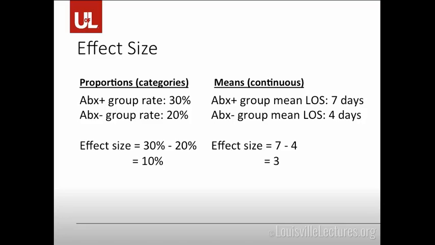And likewise, if your group that got antibiotics, their length of stay was 7 days, the group without, their length of stay was 4 days, your effect size would be 3 days. So you're really just looking at the difference of what you expect your two groups to be there.